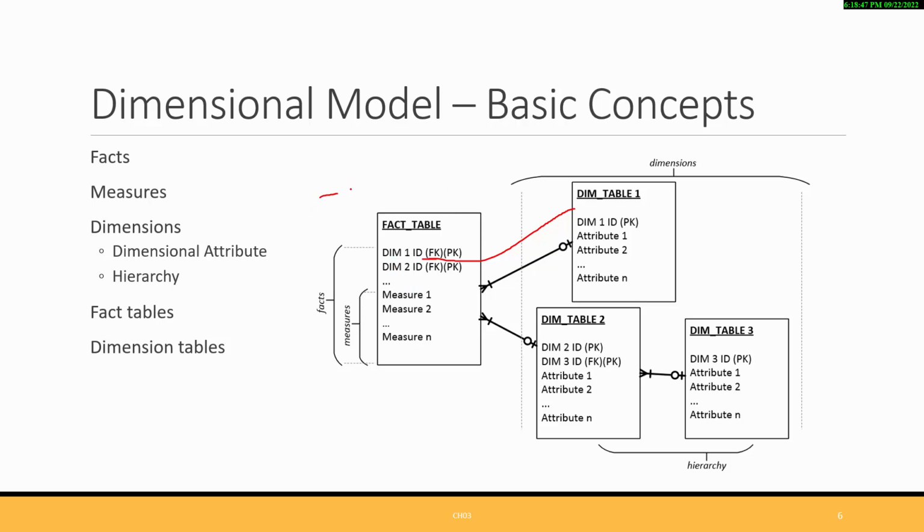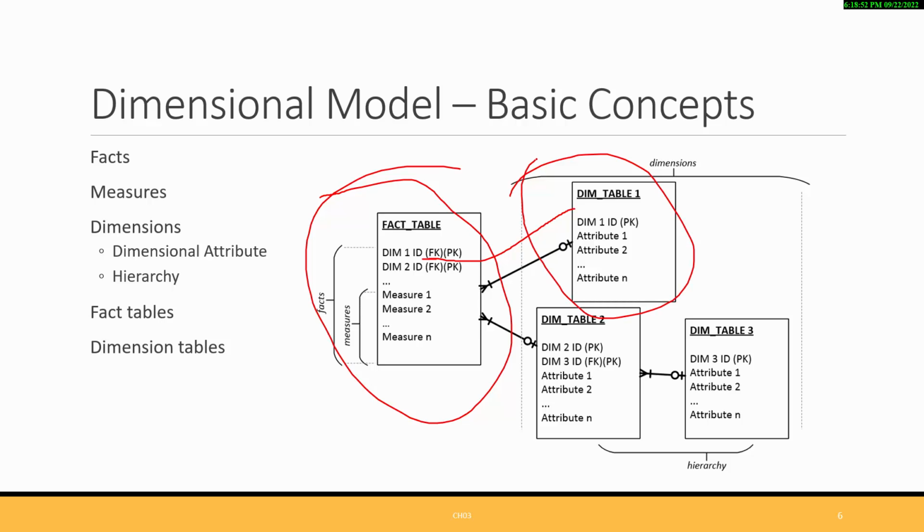Surrounding the fact table, we have all of these dimension tables, which are linked with foreign keys to the fact table. The dimension tables contain classification and aggregation information about the central fact rows. Dimension tables contain attributes that describe the data contained within the fact table.